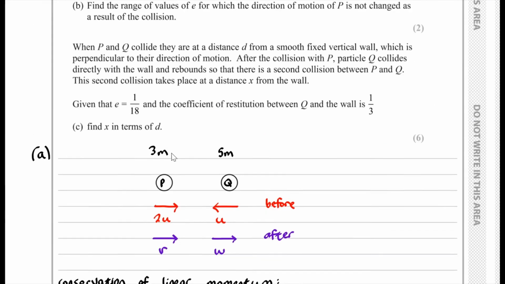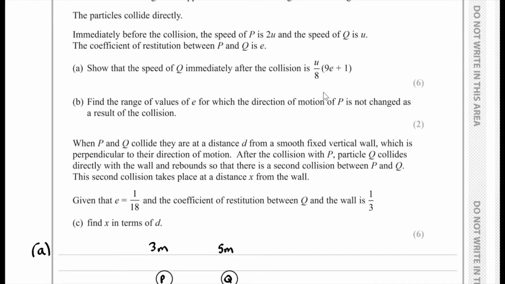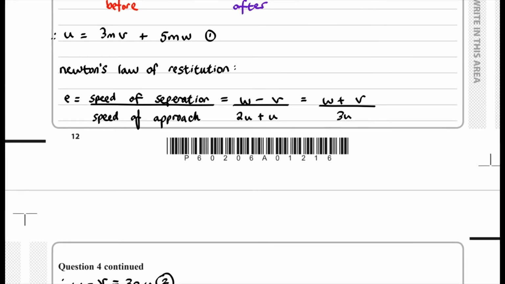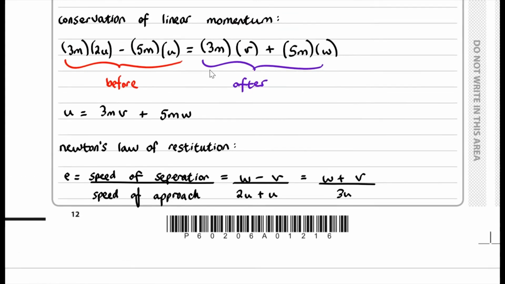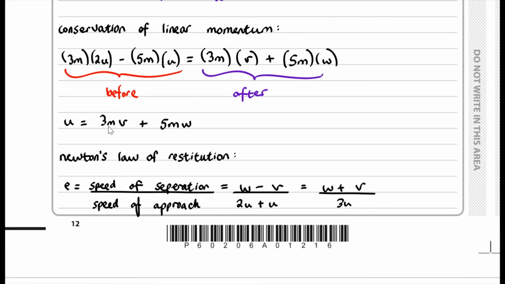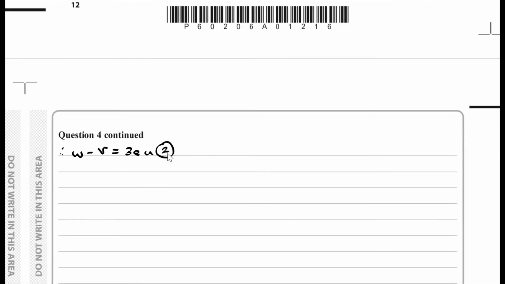And if you go back to the question, in the question there's no w. So we need to solve equation 1 and 2 simultaneously to eliminate w. If we simplify equation 1, there's no m over here. So if we solve equation 1 and 2 simultaneously, hopefully we should be able to eliminate w.